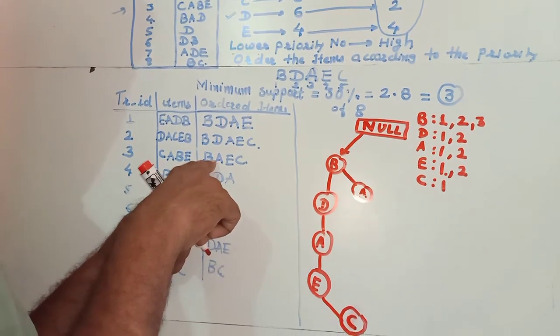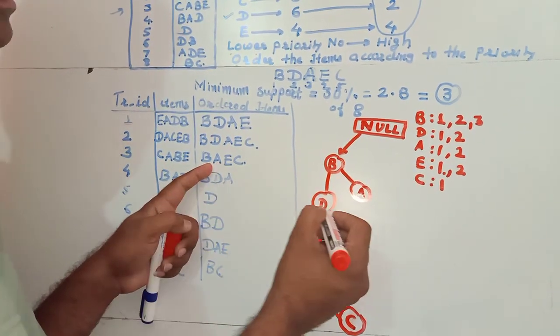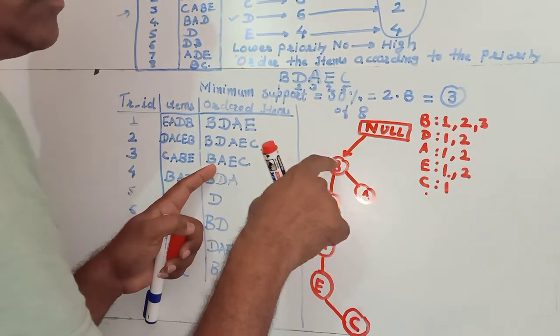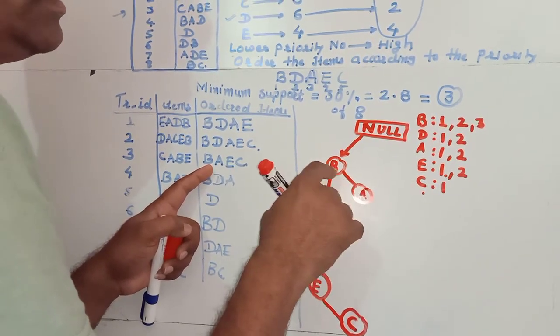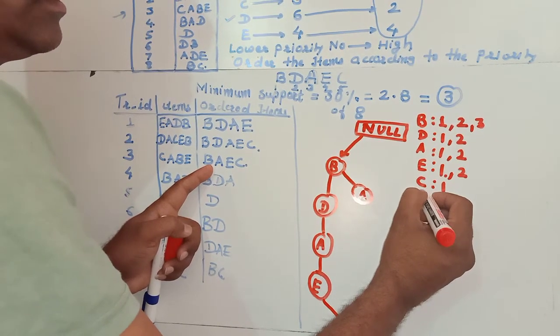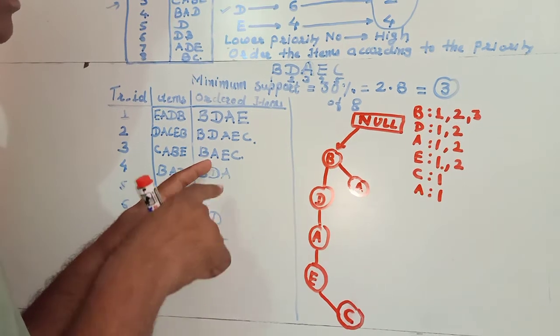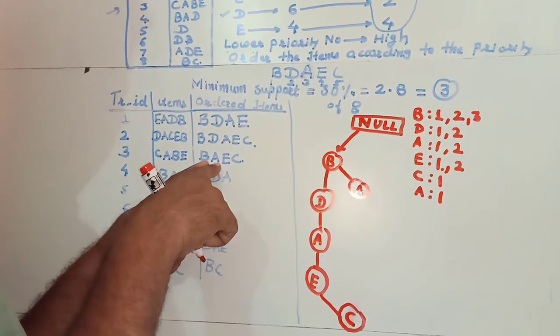So B, A, and because we have generated the new leaf, the occurrence of A is 1 at this point.